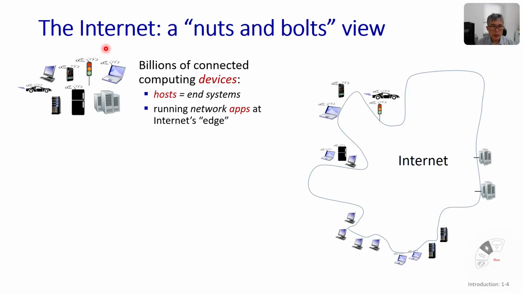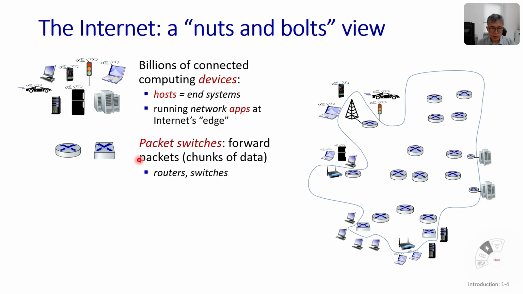Okay, the internet, the nuts and bolts, the components of the internet. You can see we have many kinds of devices. They are called hosts or end systems, running network applications on top of the end system. And also we have packet switches to forward packets, which are chunks of data, such as routers and switches.